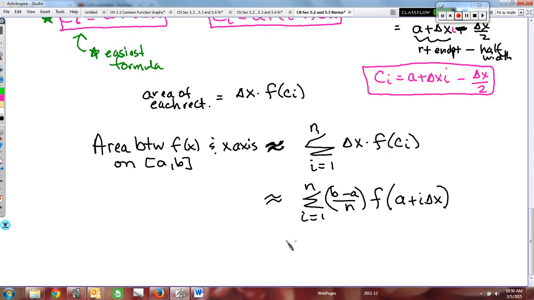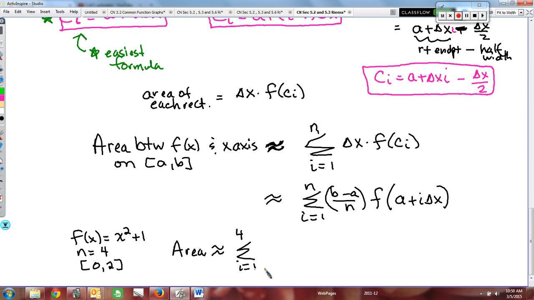Now, specifically for this problem, we had f of x equal to x squared plus 1. We had our n equal to 4, and then our interval was 0 to 2. So what we could turn this into, this area can be approximated by summing the number of rectangles 1 to 4.